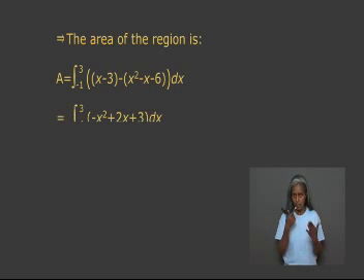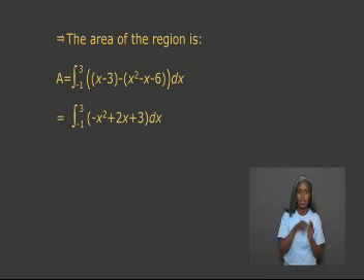This can be evaluated as the integral from -1 to 3 of -x squared plus 2x plus 3 with regard to x.